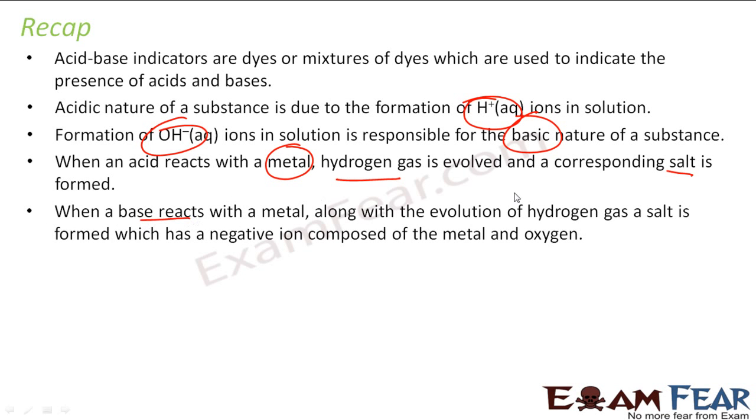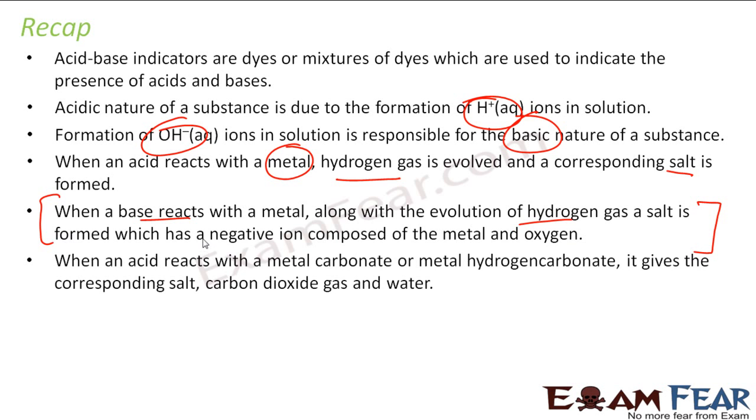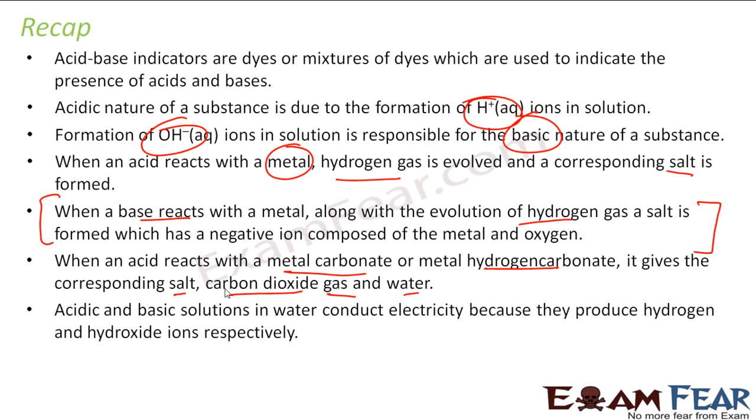When a base reacts with metal, hydrogen gas is also evolved, along with a negative ion composed of metal and oxygen, but this doesn't happen for all metals. When an acid reacts with metal carbonates or metal hydrogen carbonates, it gives salt, carbon dioxide gas and water. Acidic and basic solutions in water conduct electricity because they produce hydrogen and hydroxide ions.